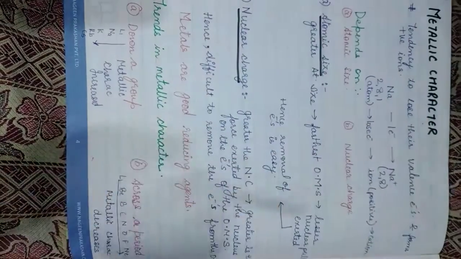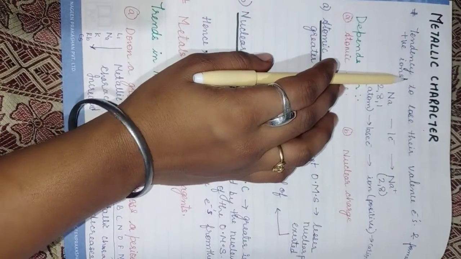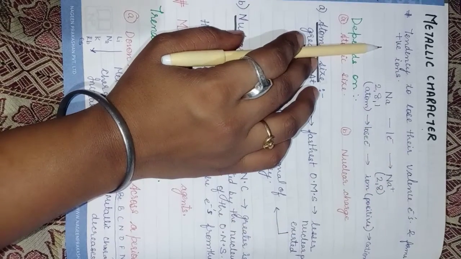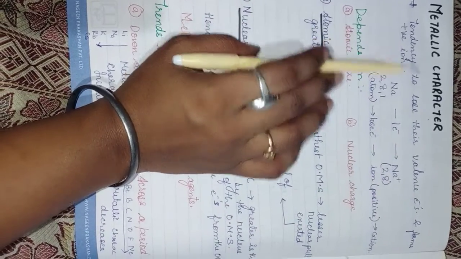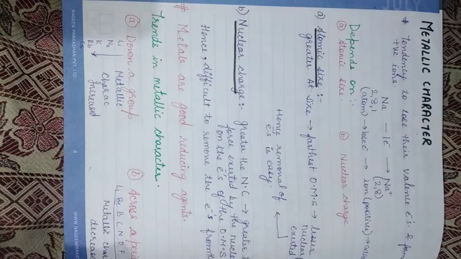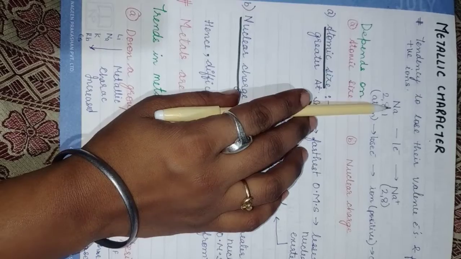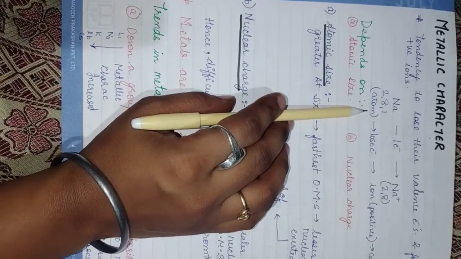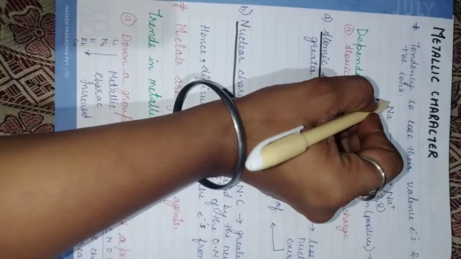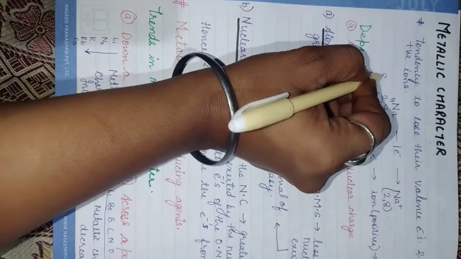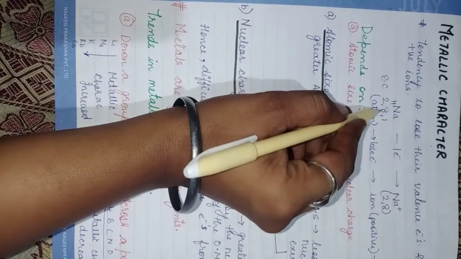Children, in this, the metals have the tendency to lose their valence electrons and form positive ions. Now, what type of positive ions they will form? That is your cation. I have mentioned an example here. Let us consider sodium atom. Its atomic number is 11 and its electronic configuration is 2, 8, 1.